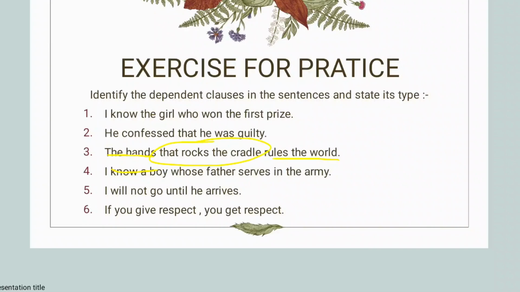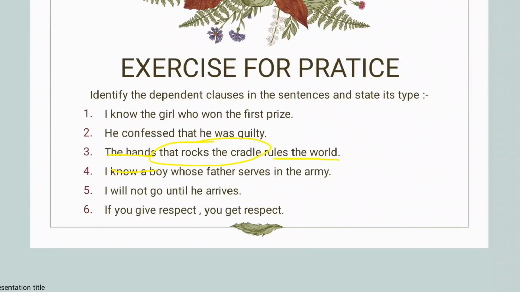Okay, next one. I will not go until he arrives. So here I will not go. The action of going, verb, is qualified by this part. It is telling about up to which time you will not go.